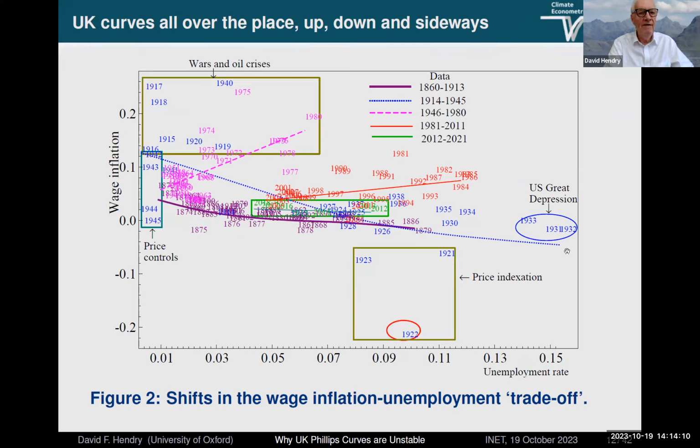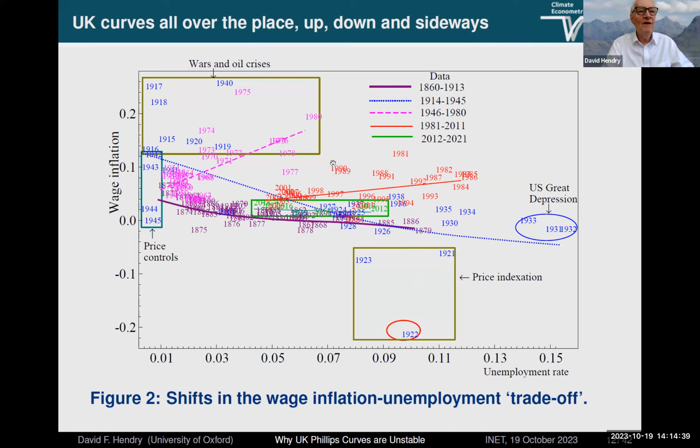So it's 1914 to 1945, which is one of the most turbulent periods in British economic history, but it's almost the same as he found for his rather quiet period from 1860 to 1913, which is a puzzle. How come, despite all the shifts, high levels of unemployment, US Great Depression, price indexation, First World War, Second World War, price controls, you get roughly the same equation?